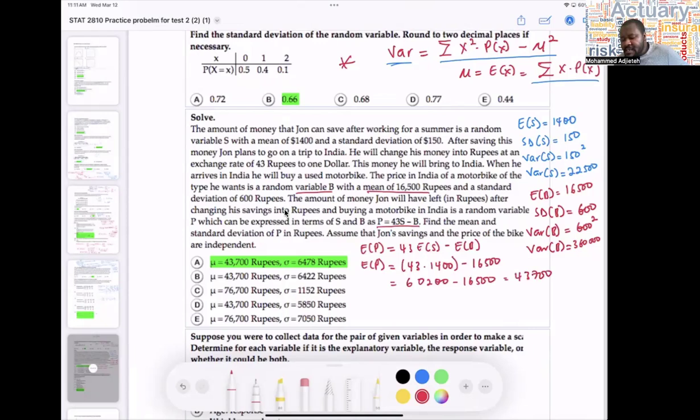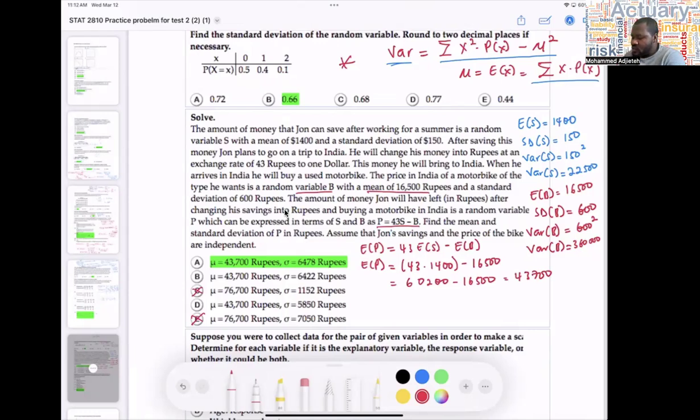Based on just this answer, we can see that C and E are out. So this guy is out, and this guy is also out. Now let's try to find the variance, because it's better to find the variance and then find the standard deviation.